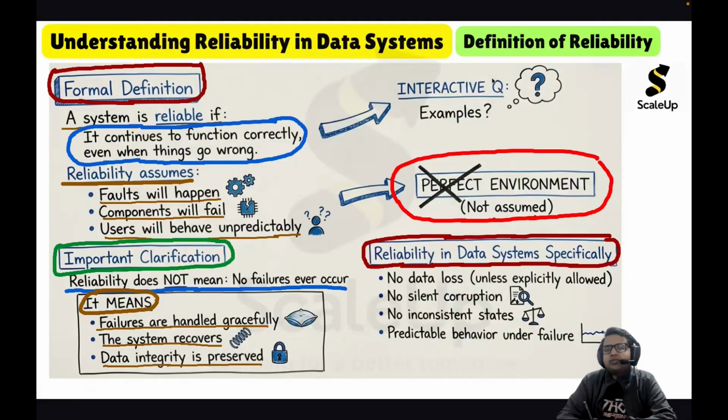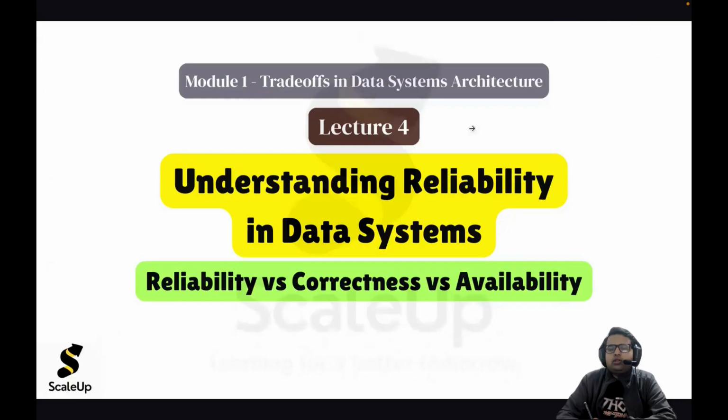In data systems, reliability means no data loss unless explicitly allowed. So in a reliable data system, there should not be any data loss, no silent corruption in the data, no inconsistent states, and predictable behavior under failure. All these things lead to reliability in data systems.